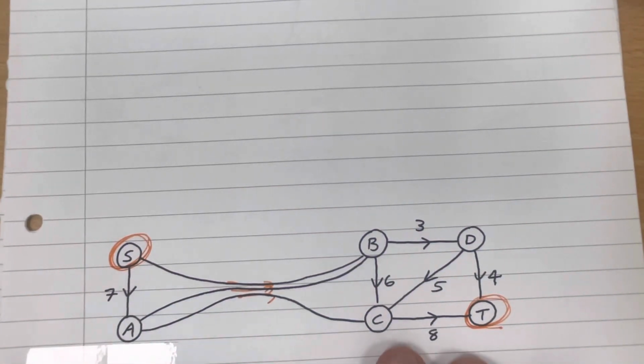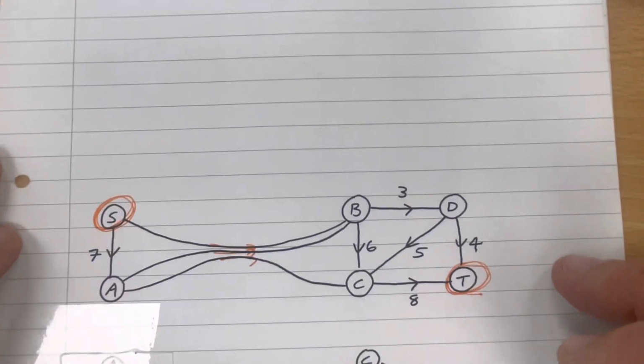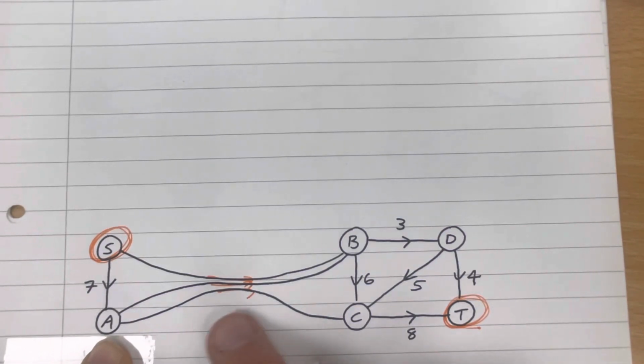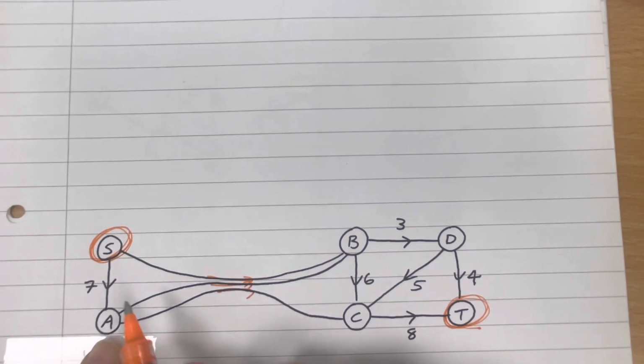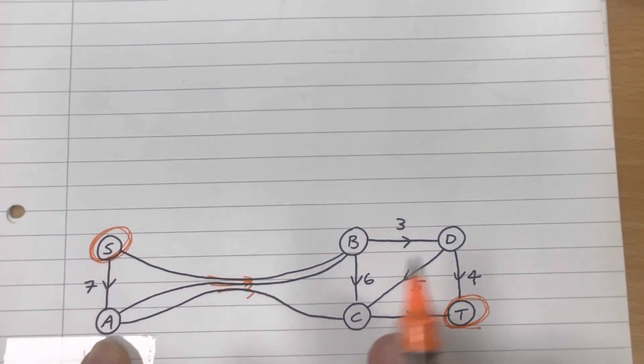Now this network here is exactly the same as our original problem. All I've done is I've drawn it such that I've got my source and my A node on the left, and then I've got my other four nodes on the right, just so we can really see that all the flow from the source to the sink has to pass through these three pipes in particular.